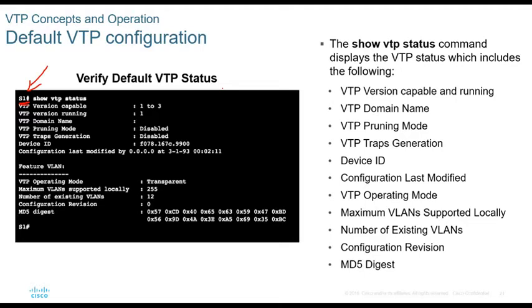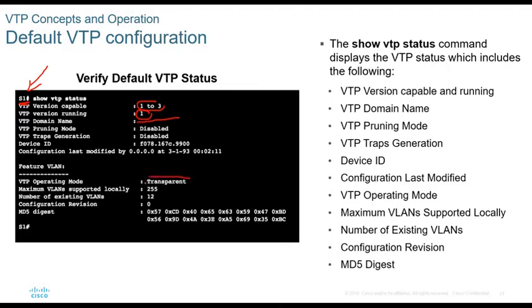It will show the VTP version capable and running, and the domain name configured. As you can see here, there is none yet. It also shows the version of VTP that is being run, and what version capable the switch is, so it can run from 1 to 3. The most important thing we need to see here, of course, is the operating mode.